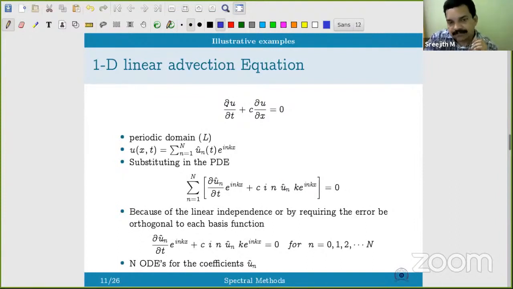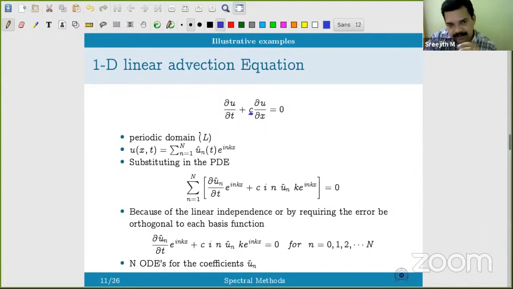Now we have a linear convection equation: dou u by dou t plus c into dou u by dou x equal to 0, where c is the convection velocity which is constant, so it is a linear advection equation or linear convection equation. Now you have to specify the boundary condition also. Here you are using the Fourier spectral method, so it can be used only for periodic functions. So the boundary conditions are periodic.